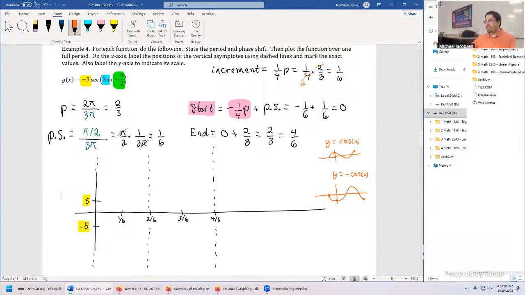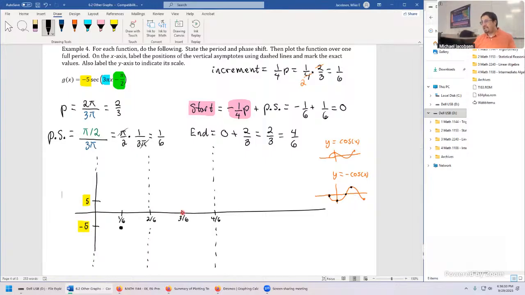So now going left to right, vertical asymptote here, it's because we moved to the left by 1/4 period on the cosine, and it's negative. On this one, we should be hitting a minimum value for that second point. So here it is, kind of a larger point on our plot. Vertical asymptote came from where this point would have been. 3/6 comes from its maximum.